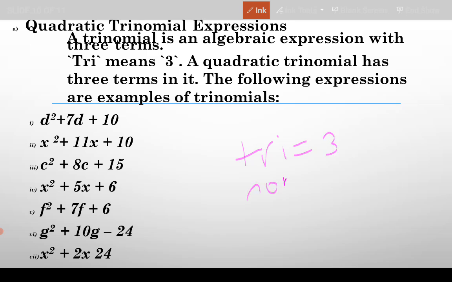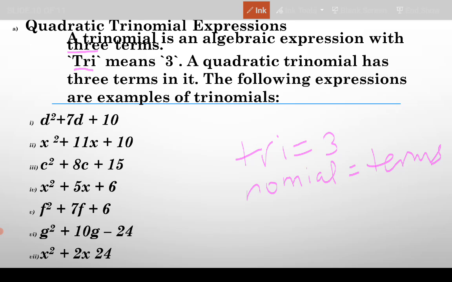Nomial means terms. So a trinomial, therefore, is an algebraic expression with 3 terms. And we just mentioned tri means 3. A quadratic trinomial has 3 terms in it.